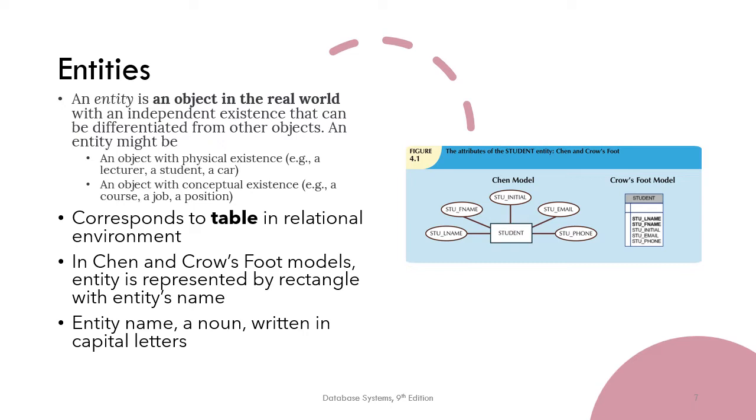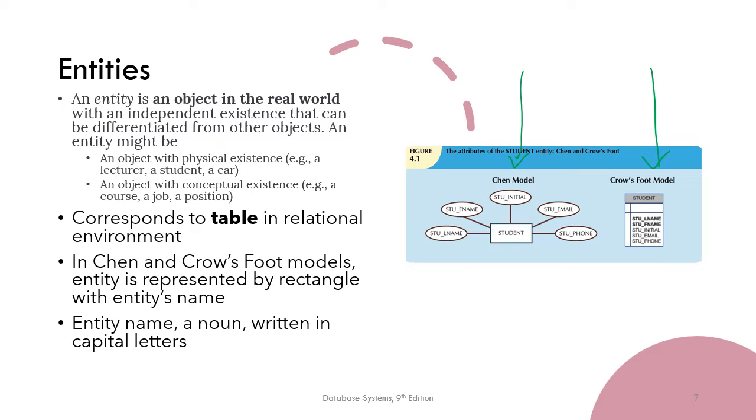Yes, in the relational environment, we have two symbol formats that formalize the presentation of the ER. First is the Chen model, and second is the Crow's Foot model. The Chen model represents the ER by using a rectangle for the entity and a node, or oval, for its attribute. But the Crow's Foot uses one table rectangle, all in one.